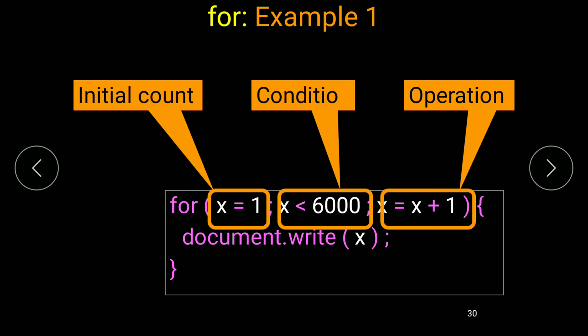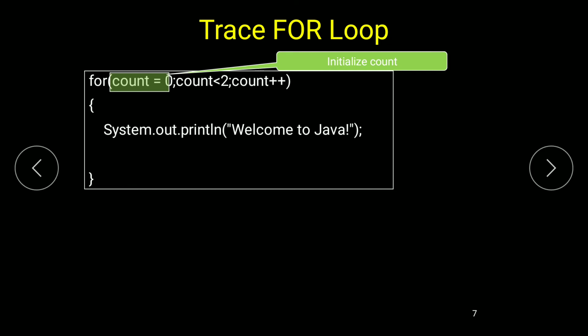Okay, so what happens first? We will see afterwards. You can see one more program here, and we trace the for loop. What will be the execution of that for loop? In that slide, in the for loop I am writing count equal to 0. It's called initializing; count is the variable. So we write count equal to 0, which means we assign the value 0 to the variable count.